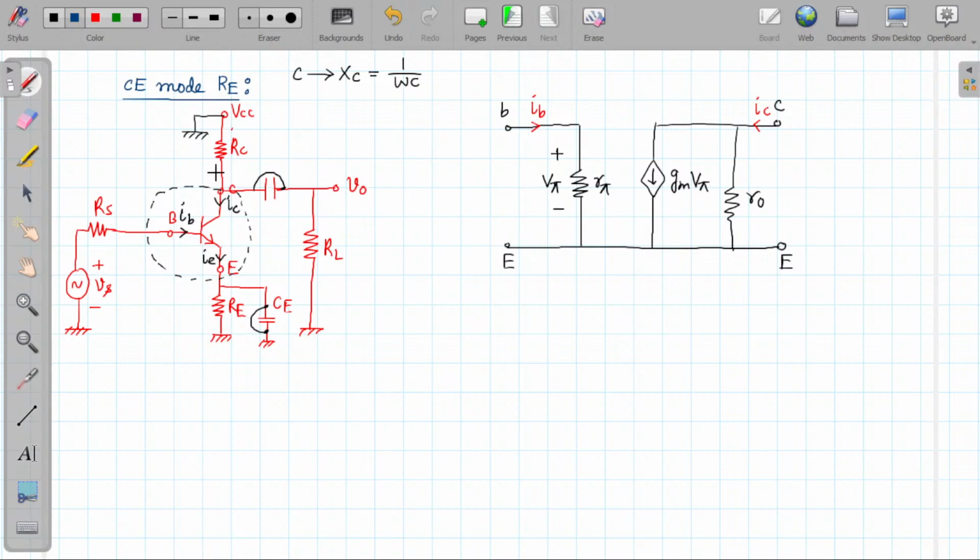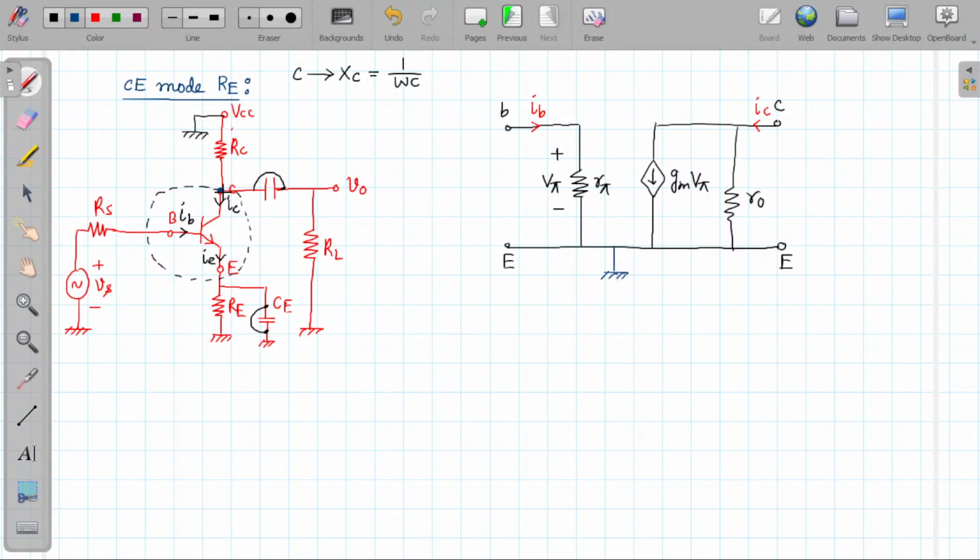Now you can see that the collector is connected by RC to the ground. The emitter terminal is connected to ground directly by the short-circuited CE capacitor. So that means this terminal is grounded.